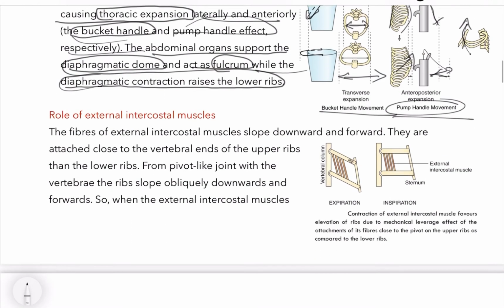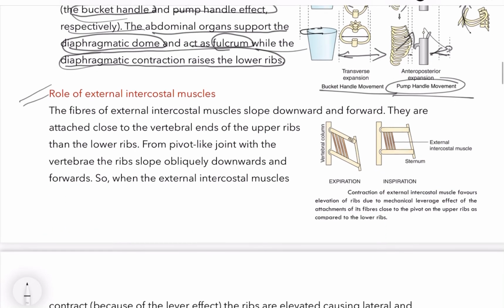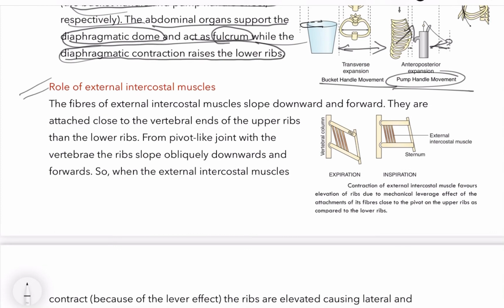Now, the role of external intercostal muscles. Now we will discuss the role of external intercostal muscles. So the fibers of the external intercostal muscles slope downward and forward.